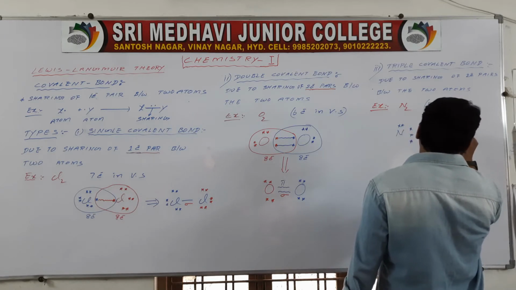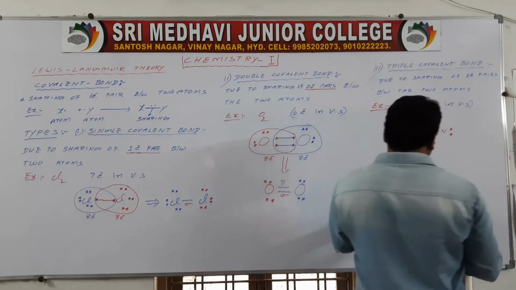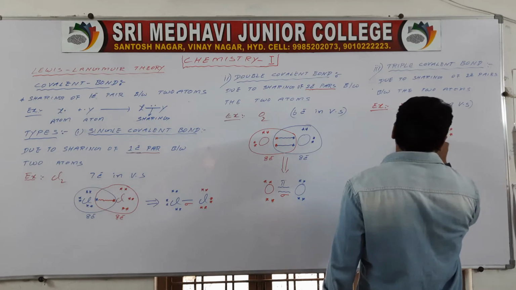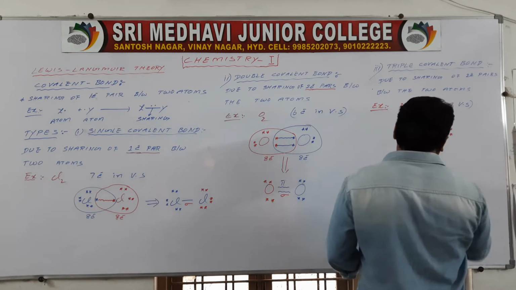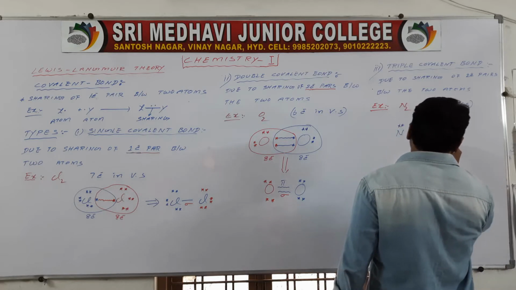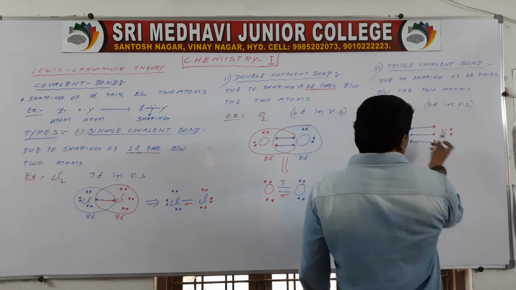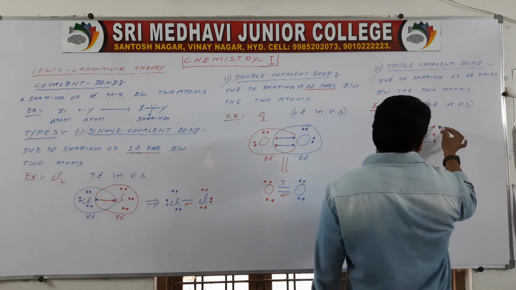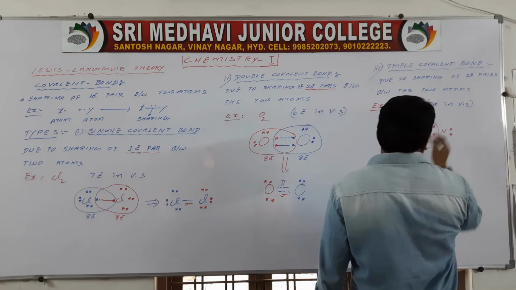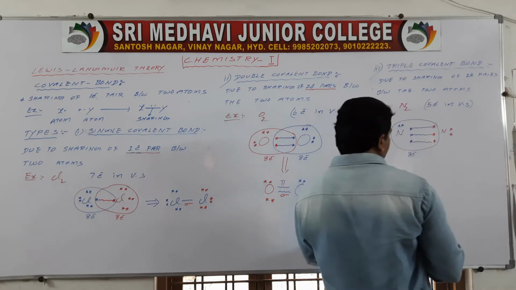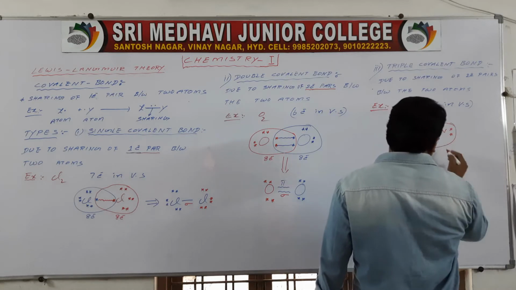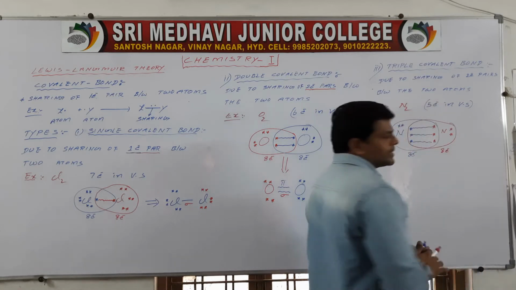Now sharing. So 3 bonds are formed. Now these 8 electrons belong to this nitrogen which is stable. Now these 8 electrons belong to this nitrogen which is stable.